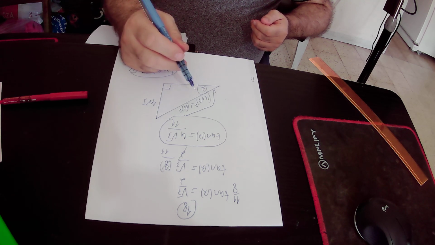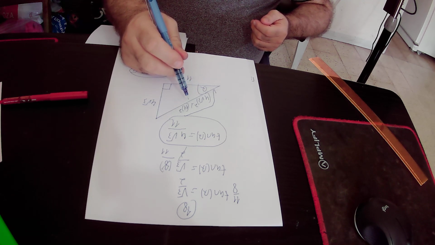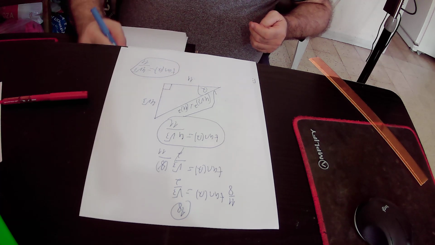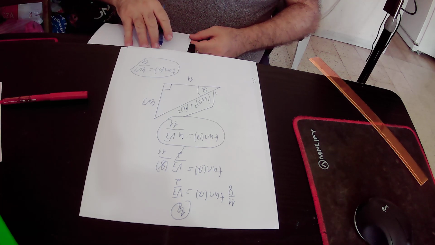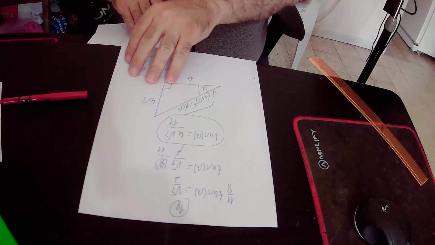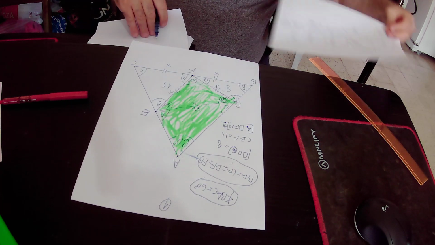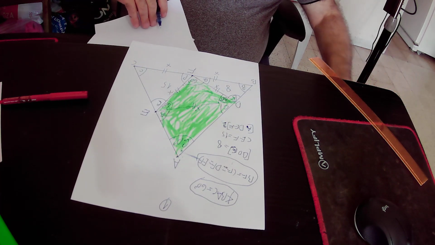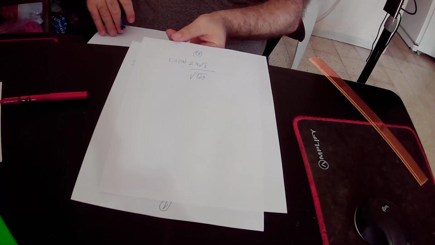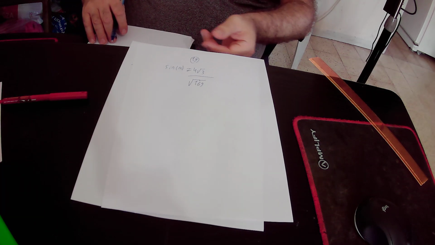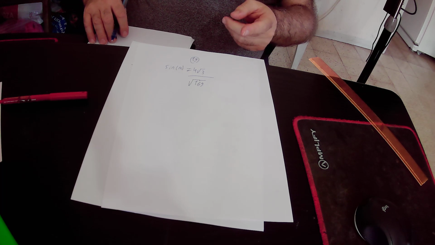So 48 plus 121 equals the root of 169. So sine q equals 4 times root 3 over root of 169.